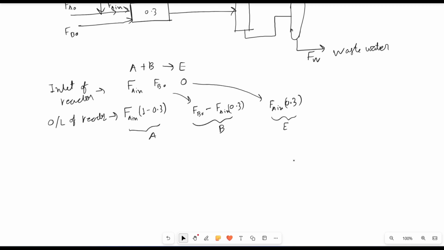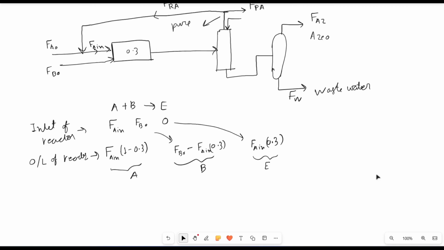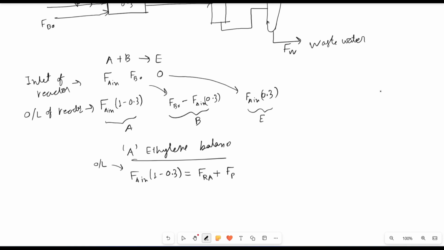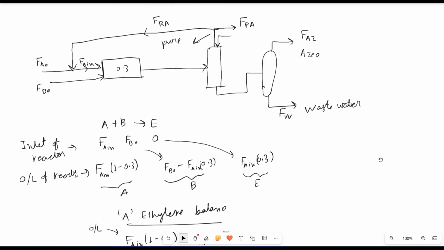So if we do the A balance, ethylene balance, at the outlet of the reactor: FA in times (1 minus 0.3), which is the outlet of the reactor, will equal the recycle A going plus the purge going out of the system.